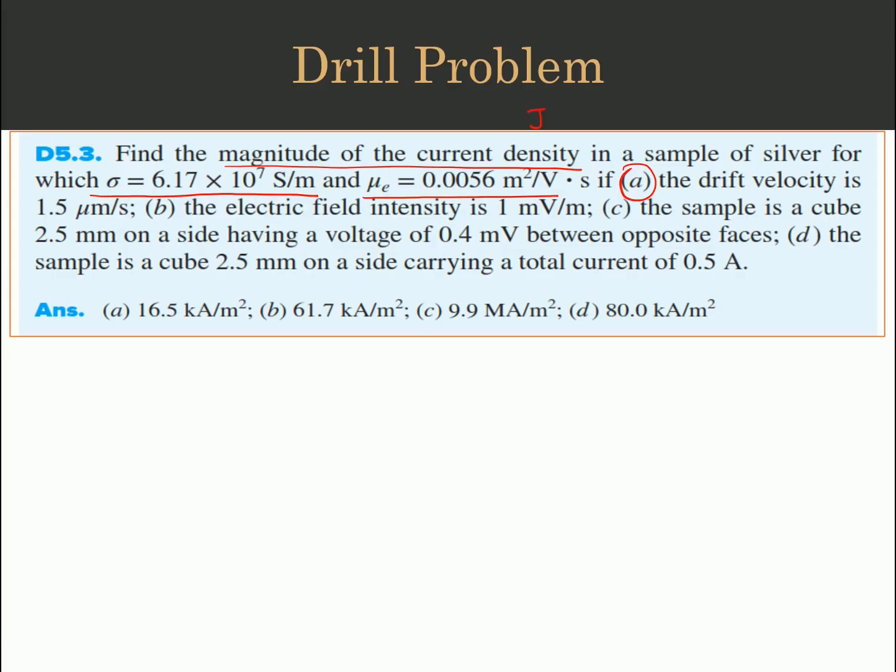We need to find the current density when the drift velocity is 1.5; in part B, when the electric field intensity is 1 millivolt per meter; in part C, when the sample is a cube having a side length of 2.5, with a voltage of 0.4; and in part D, a cube of 2.5 carrying a total current of 0.5 amperes. So let us start with the first part.